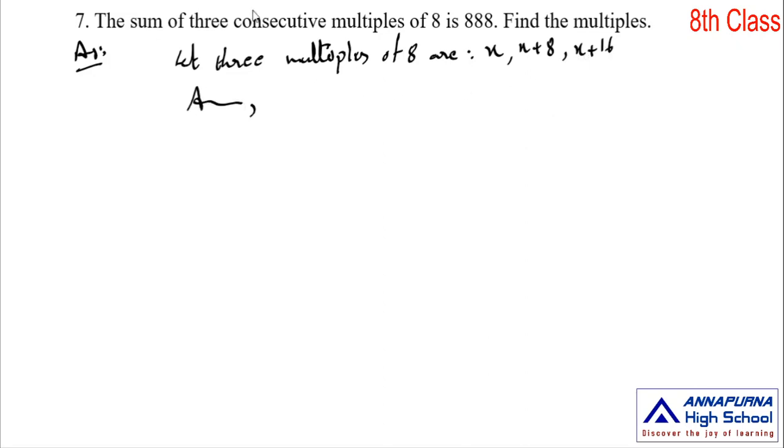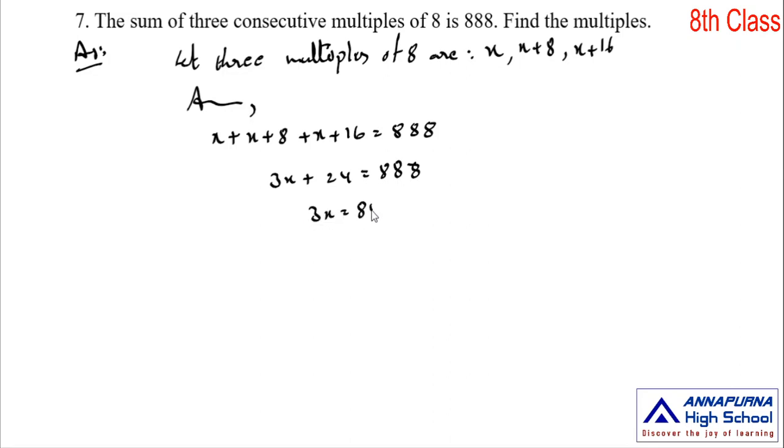By adding 8 to the previous multiple, you get the next multiple. So according to the question, their sum is x plus x plus 8 plus x plus 16 is equal to 888. x plus x plus x, 3x, plus 8 plus 16, 24, is equal to 888.